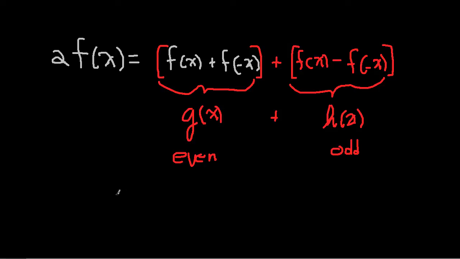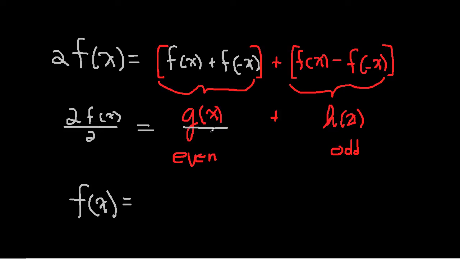Okay, so I can say then, the following is true. Any function f of x can be written as, multiply through by a half both sides. So this is 2f of x. Multiplying by a half is the same thing as dividing this by 2, and this is equal to this also divided by 2 plus this divided by 2.